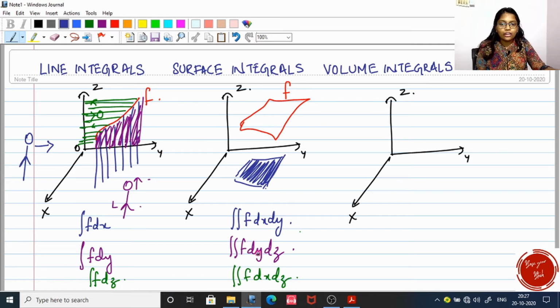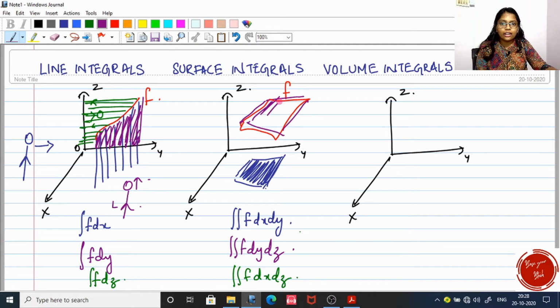Now for double integral dy dz, you can guess that you have to take the projection over to the yz plane. The yz plane is just the screen behind, isn't it? So it would come out something like this.